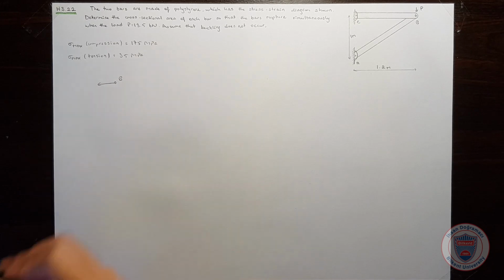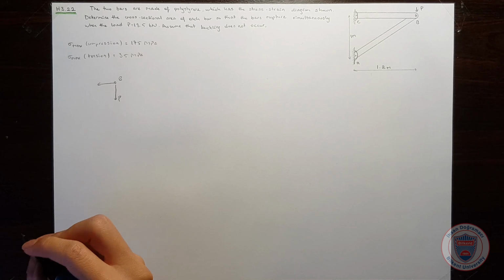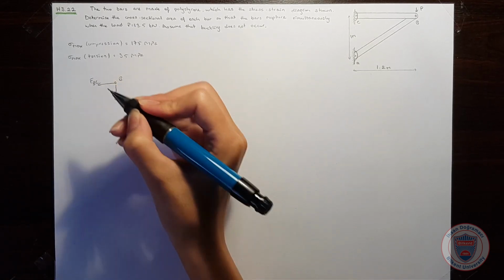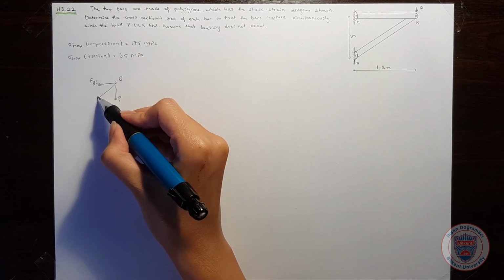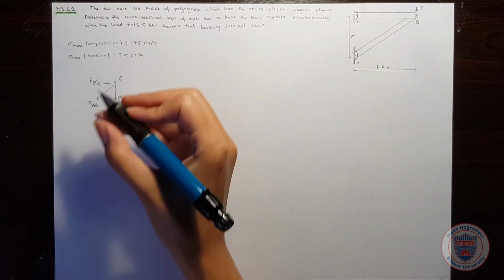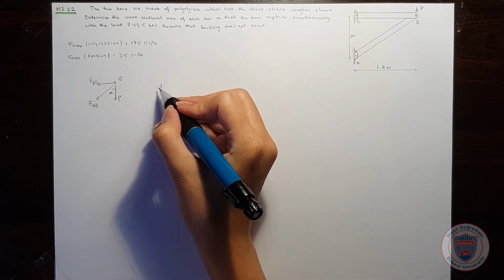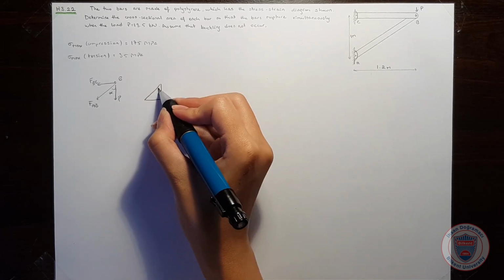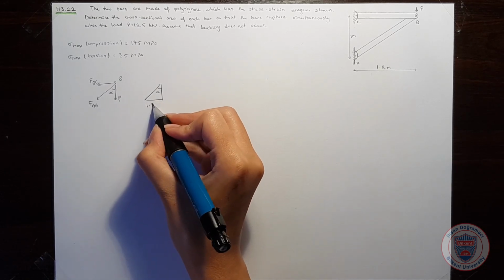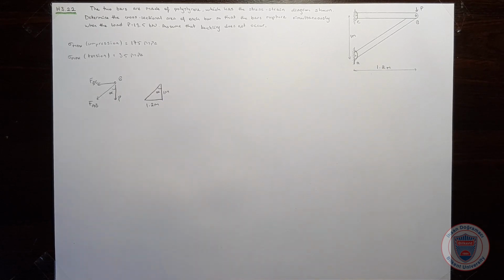Suppose that this is the point B. We will have a force P and another force FBC and also another force which will be FAB. And suppose that this angle is alpha, so that this part of the triangle is 1.2 meters, as you can see, and this part is 1 meter.